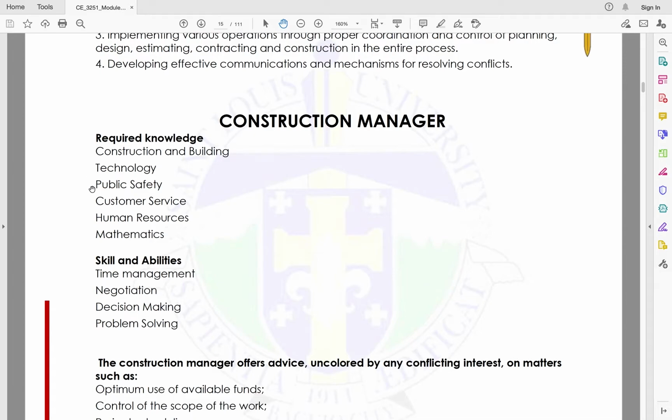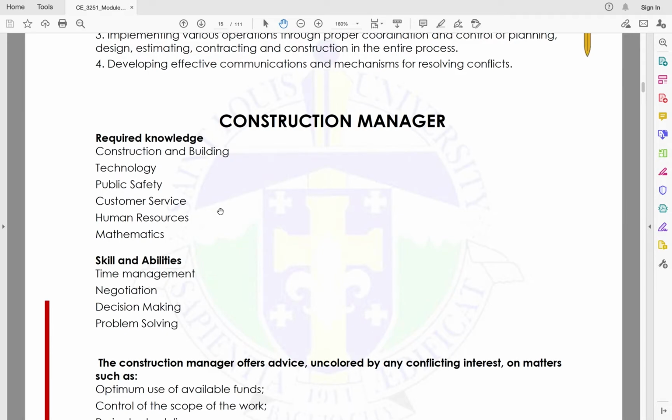Next, you should have a knowledge on public safety. As a project or construction manager, it is your job to keep everyone safe. Okay? Like what we have said, safety is our utmost priority. Next is customer service. So, as a construction manager, you are not just on the side of the contractor.